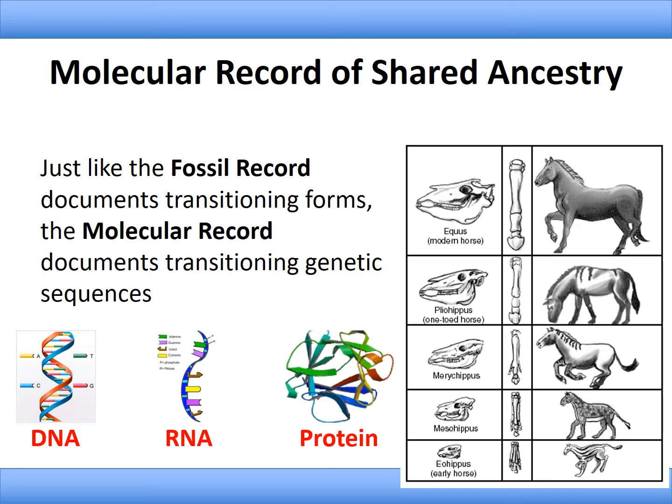But you can also study the molecular record in these other molecules, RNA and protein. So scientists have studied all 3 to guess at the relationships among animals, but today we're going to focus on DNA. But all of the stuff we're talking about could similarly be done with either RNA or protein sequences.